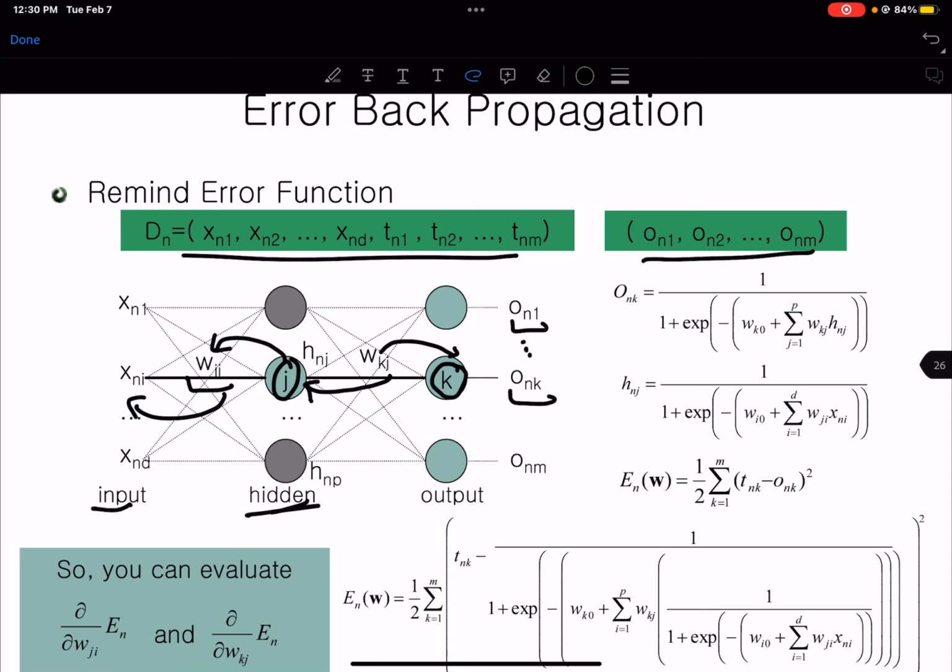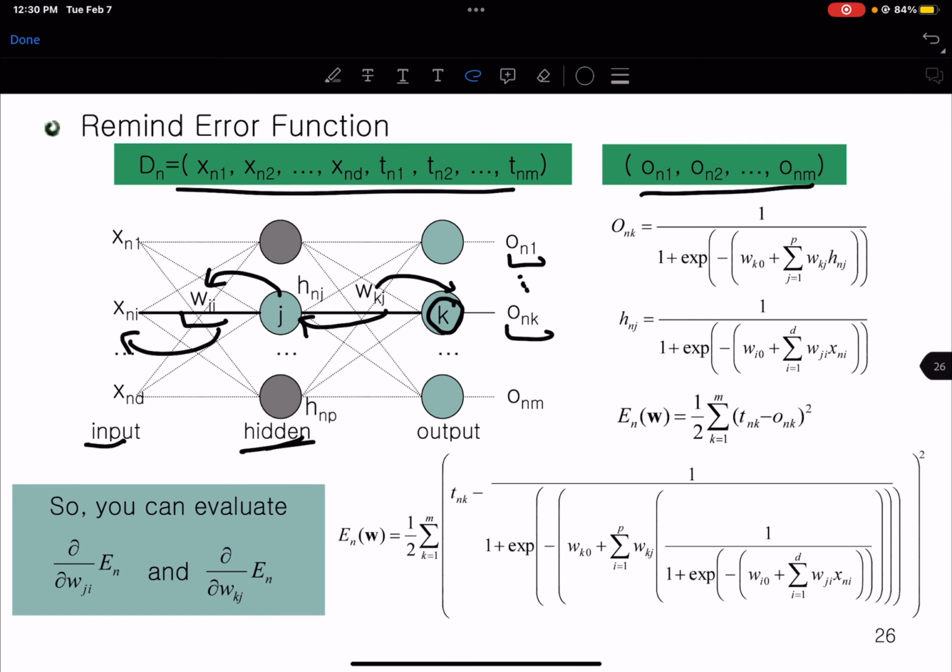So i is the input and j is the hidden neuron. The weight value between the ith input and jth neuron is w j i, and the weight value between hidden node j and output node k is defined by w k j. This is how we read it.